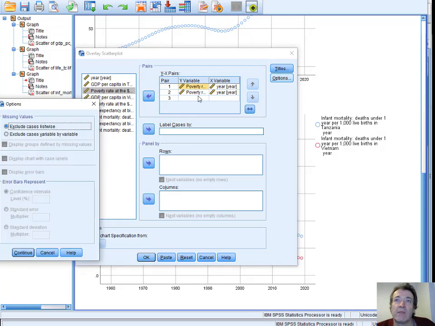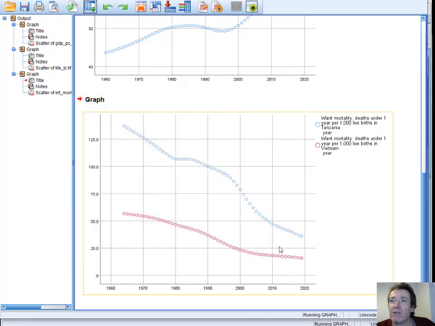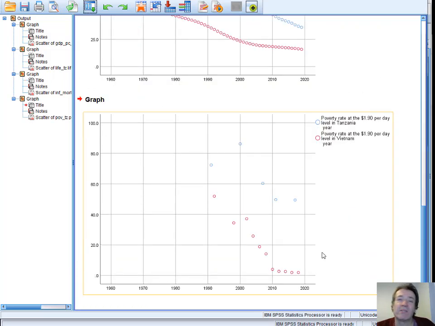What we usually use is list-wise; here you do variable by variable. So if one country's got data on something and the other country hasn't, don't just not draw it. Just draw everything. Don't worry about gaps. Hopefully that will rescue the graph from not being drawn at all. But still you can see it's a bit limited because there are only a few data points. There are no measurements of poverty in those two countries going back into the 80s, at least not in the WDI, just from more recent years.